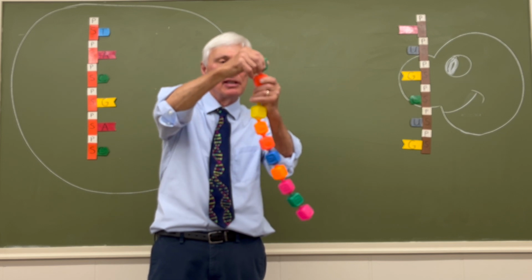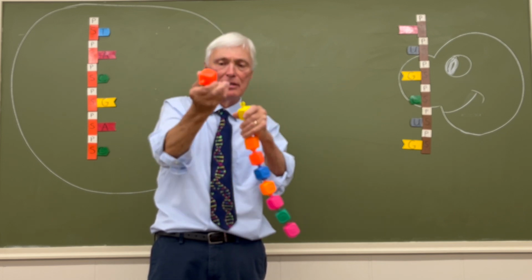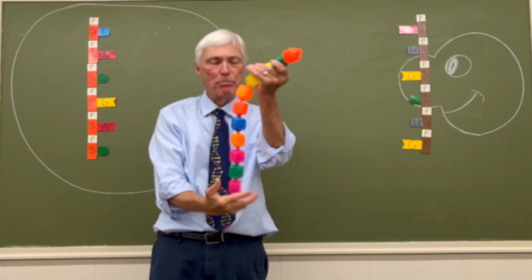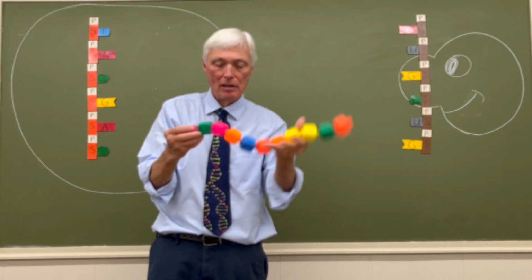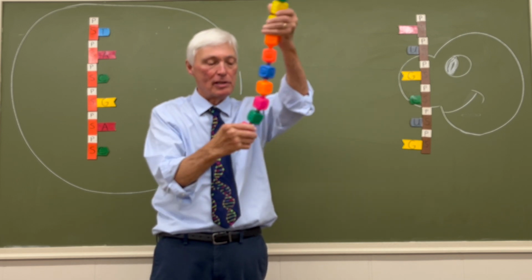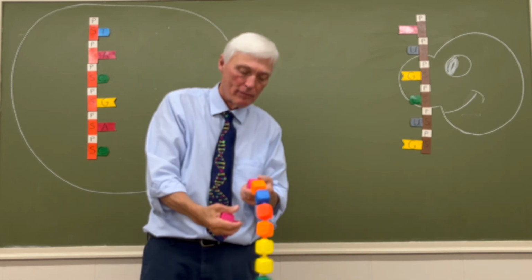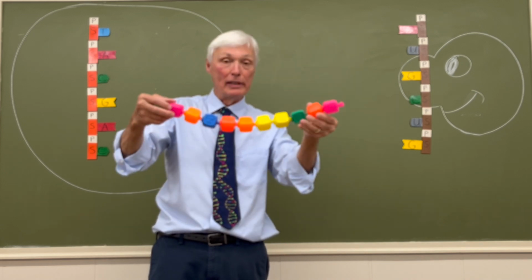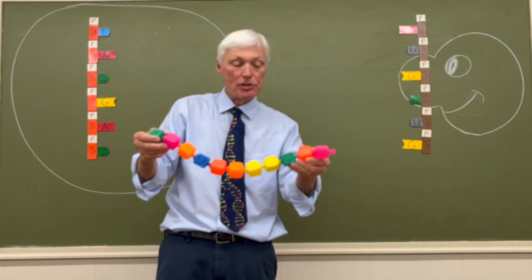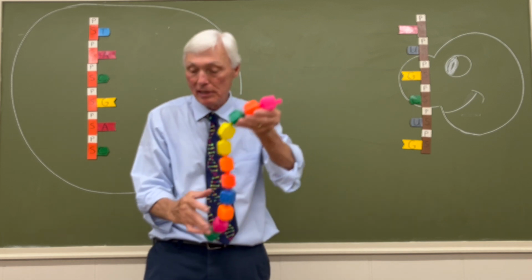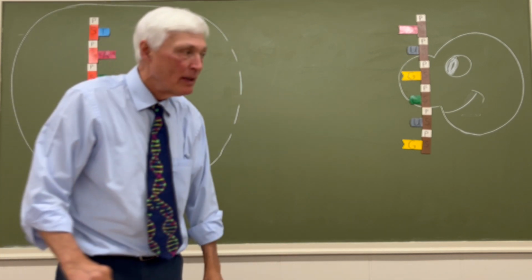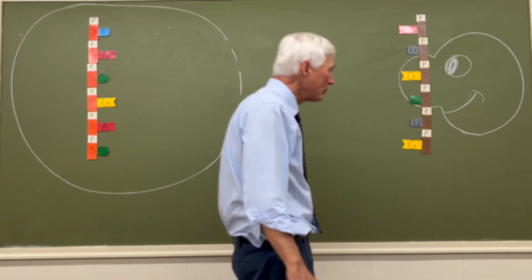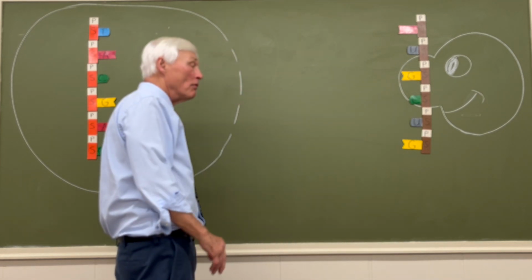If I just switch these around, that's a totally different protein molecule. Watch this. And that's another totally different protein molecule. So the order of the amino acids is critical. You mess up the order of the amino acids and the protein won't work right.